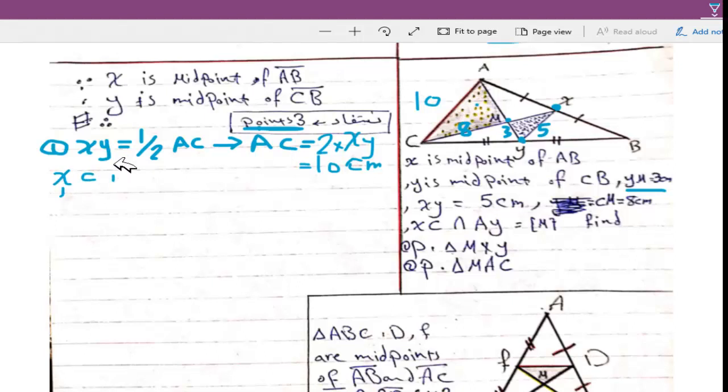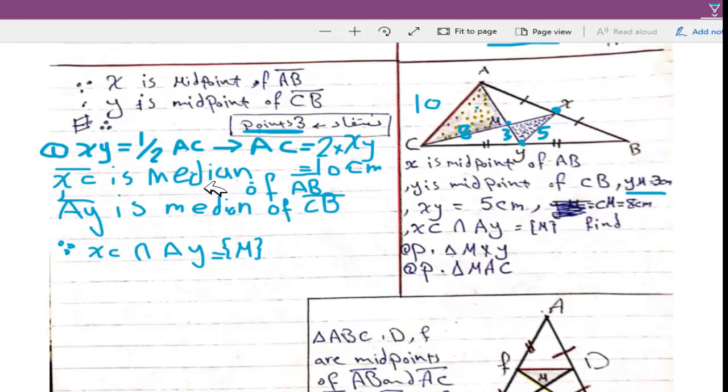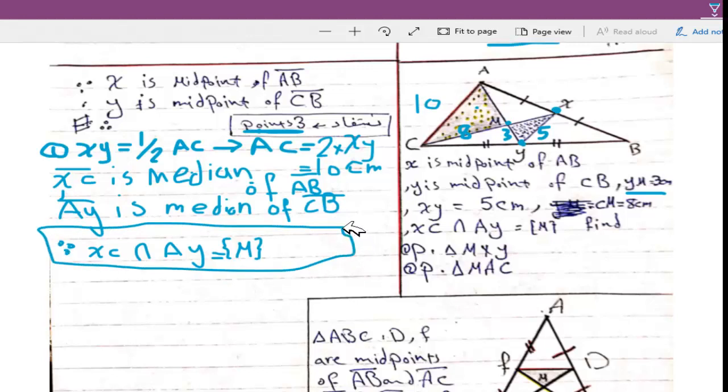So XC is the median of AB, and AY is the median of CB, and their intersection is M. This is the most important thing I said, to use the ratios you want: the half, 2/3, 1/3, twice, these things.